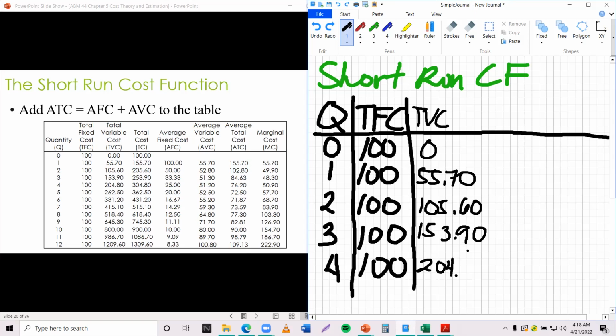So let's say these are givens. That is for the total variable cost.